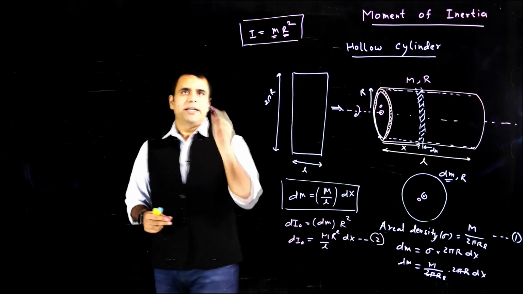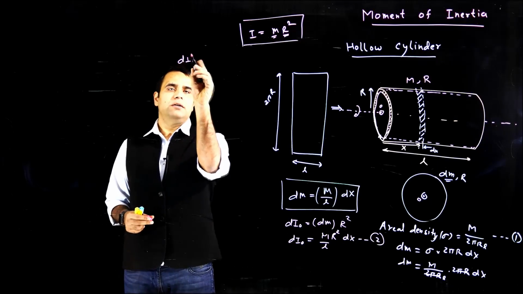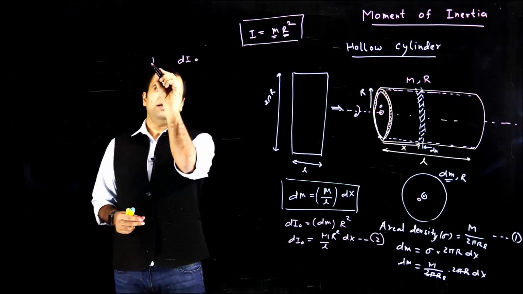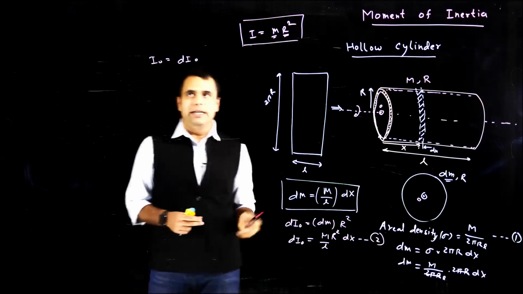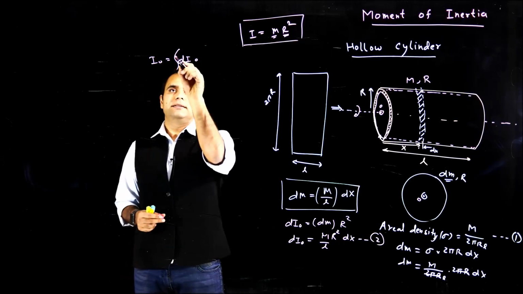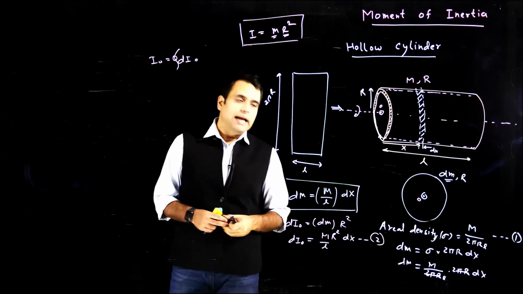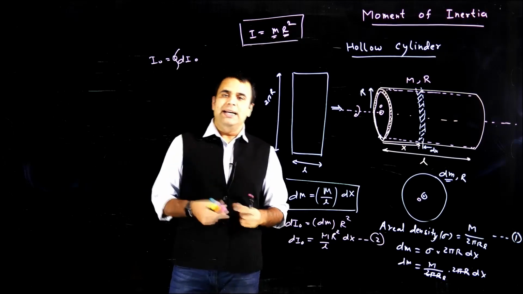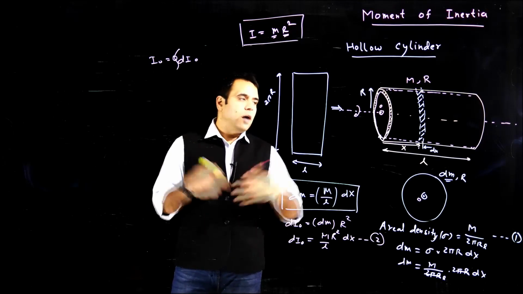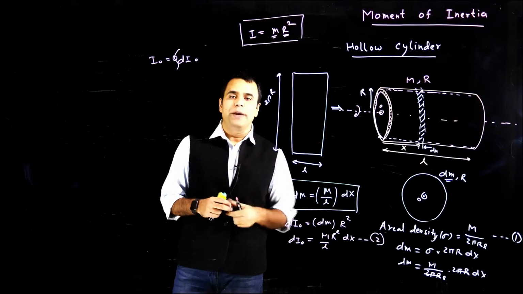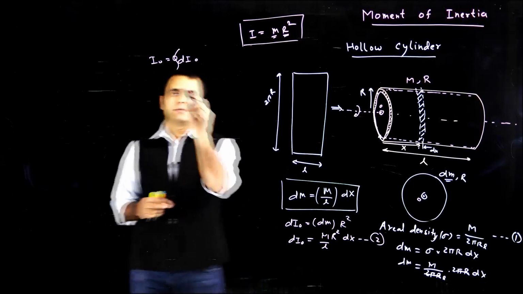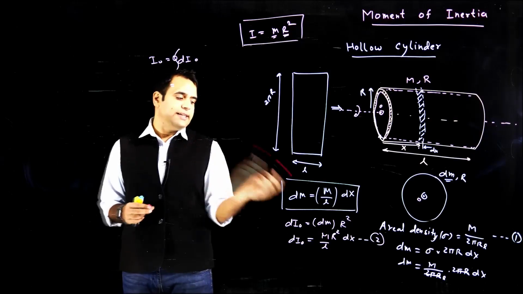To calculate the moment of inertia for the whole hollow cylinder, I need to integrate the moment of inertia of the element. We have to integrate in such a manner that the whole object is covered, which is a hollow cylinder. Let's integrate this value.